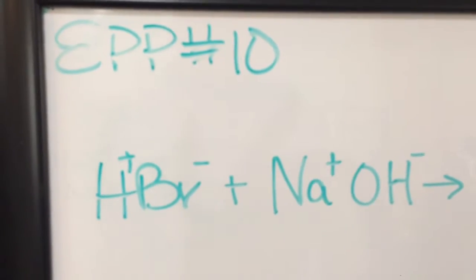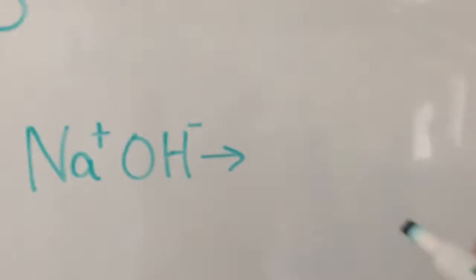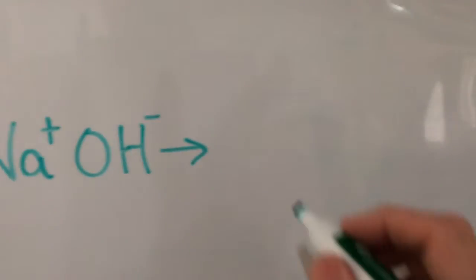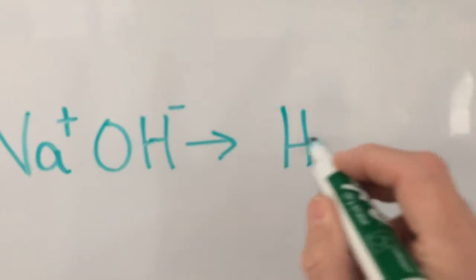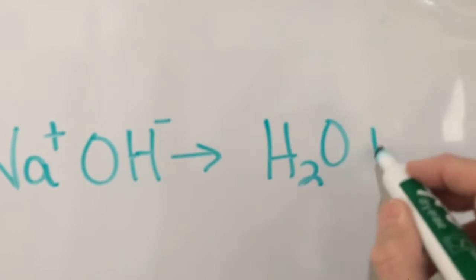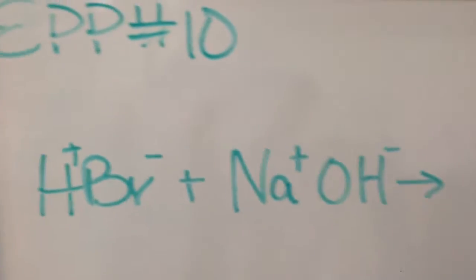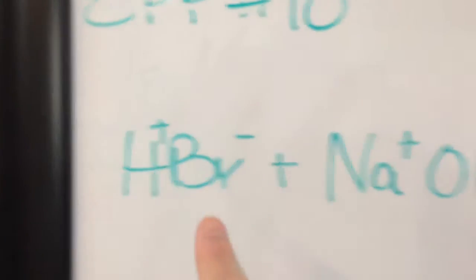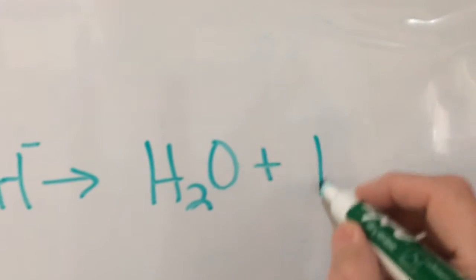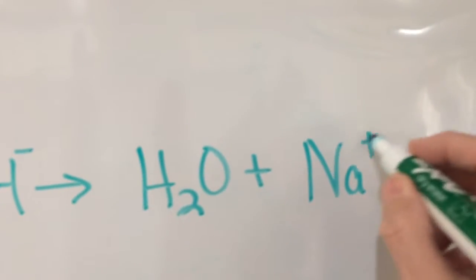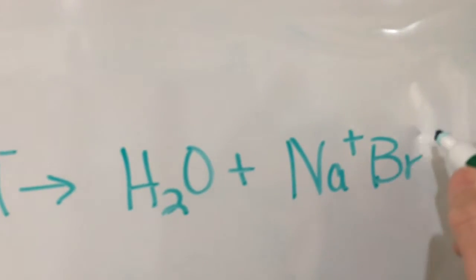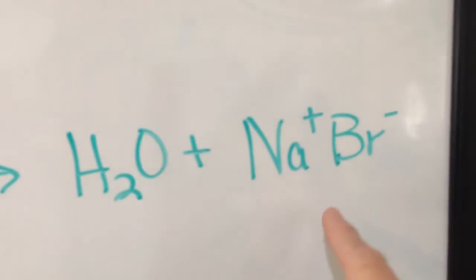This is our acid plus ionic base, sorry. And then we know that creates water plus salt, and that we're going to be left with NaBr. That formula is fine, it's balanced.